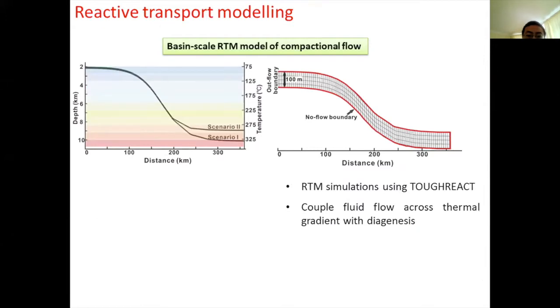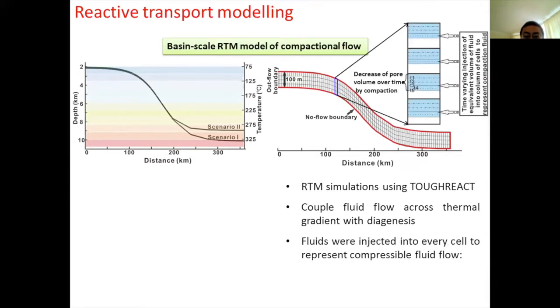We use this as input to our reactive transport simulation, because our RTM code cannot simulate the geomechanical process.